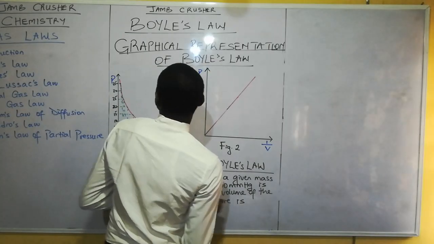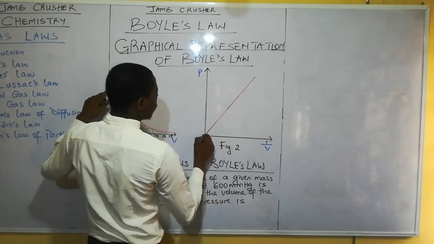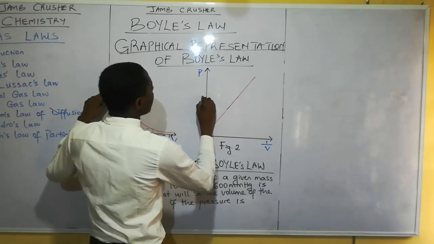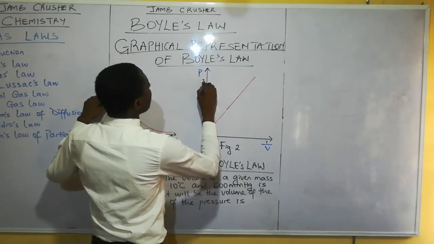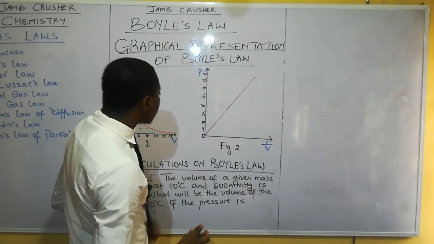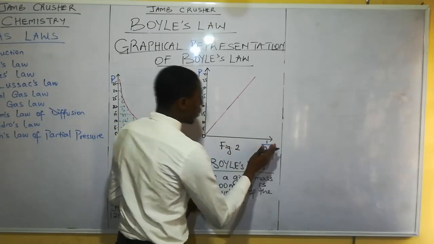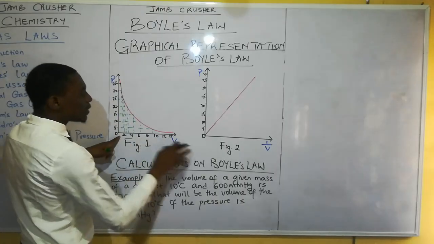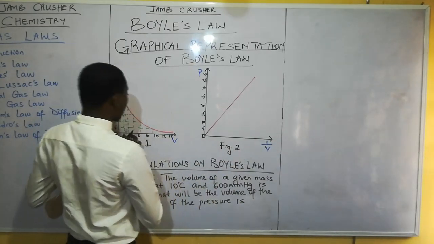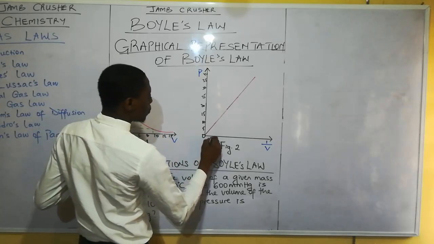Again, let us assume that this is 0, 5, 10, 15, 20, 25, 30, 35, 40. It goes on like that, till as many as you can write. Then for this, if I'm taking volume to be 2, then my 1 over volume will be 1 over 2. And what is 1 over 2? That should be 0.5.